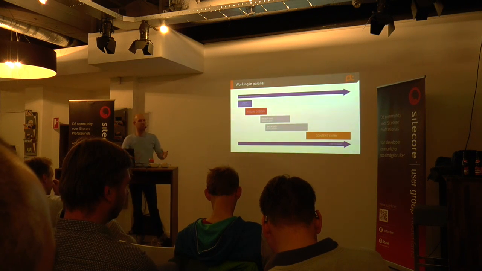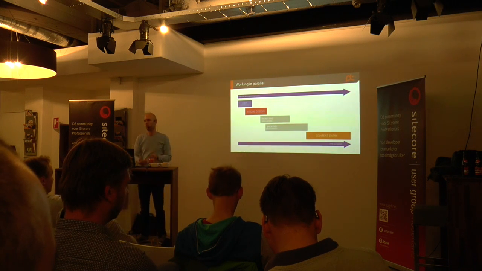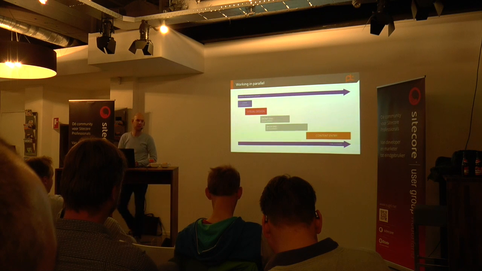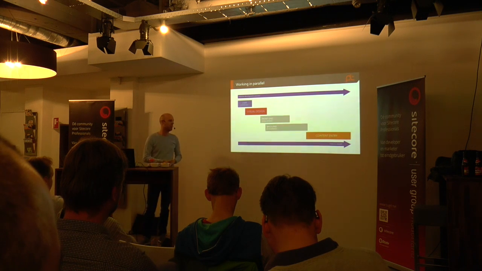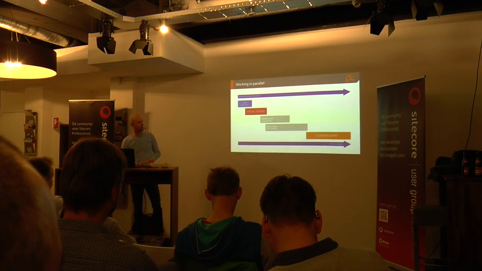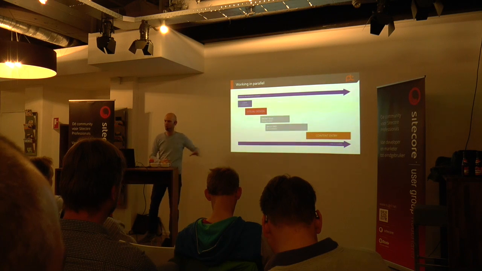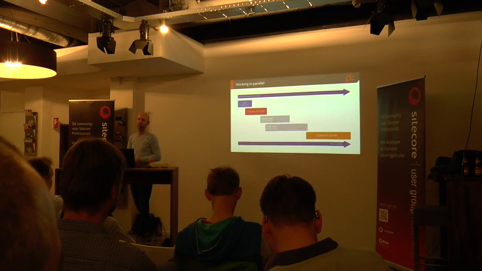And then when the visual design has most of the things finished, a front-end developer would start converting that to HTML, and when there's some HTML available, back-end developers can come in and create components using that HTML. And then when the back-end developers are almost done, you almost have all of the components ready, then finally the content editors can start creating content in Sitecore.